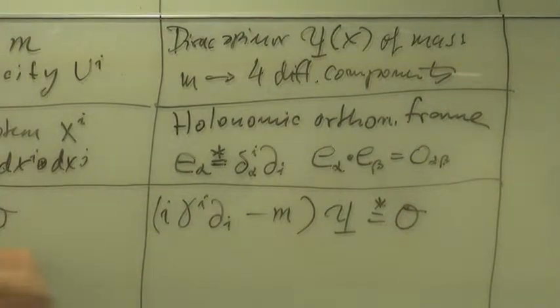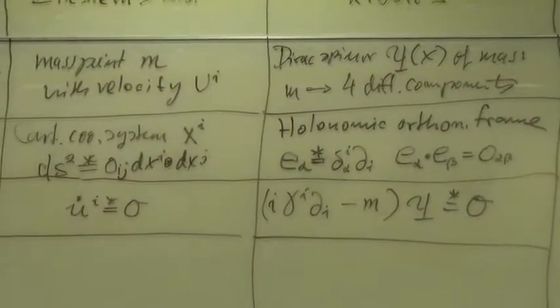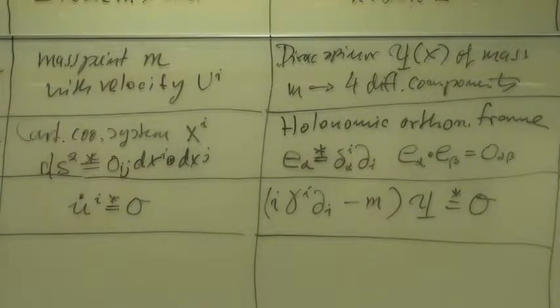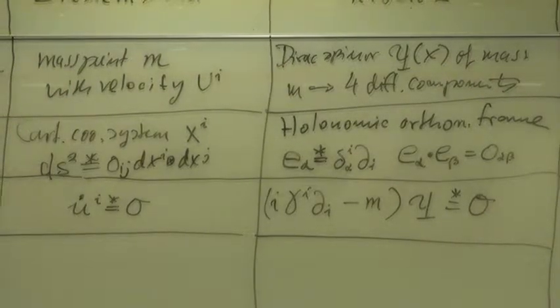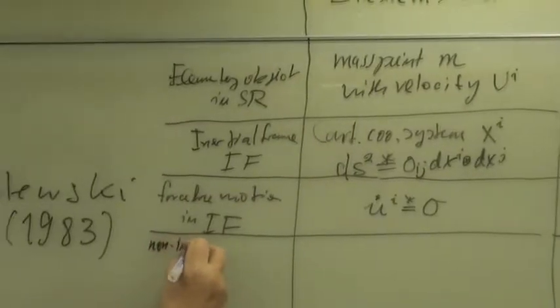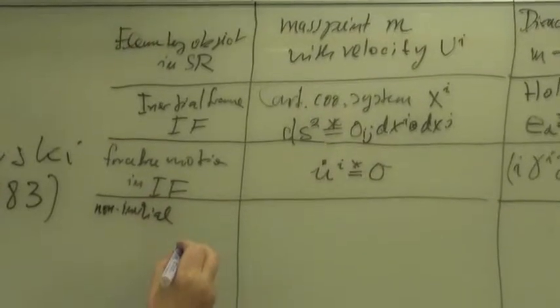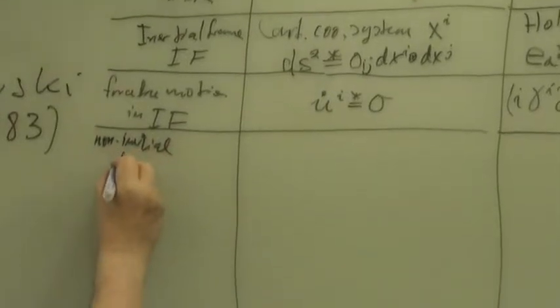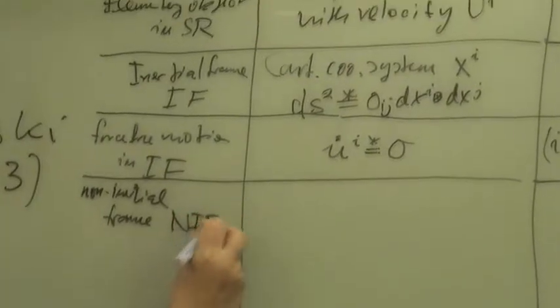So the force-free motion is just acceleration is 0, but in Kibble's slab, it's the Dirac equation in this orthonormal holonomic frame. Now we go over to a non-inertial frame, which I call NIF.